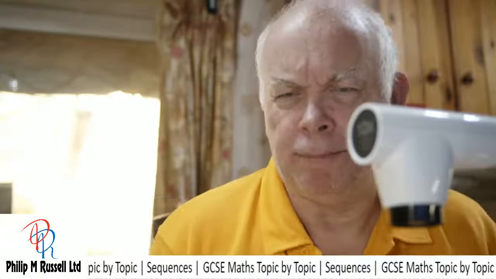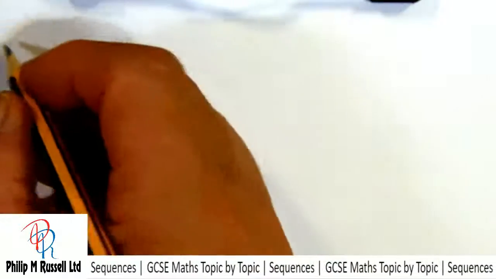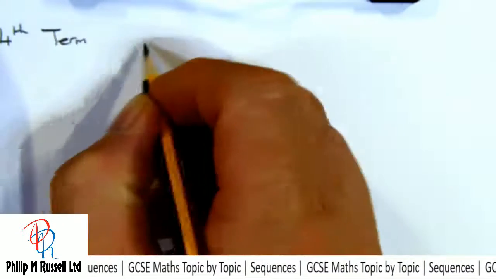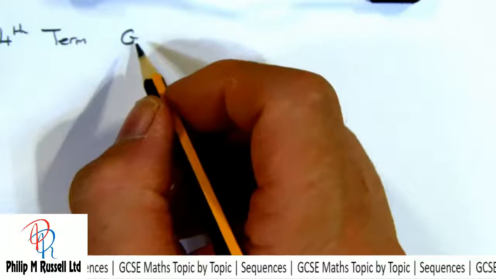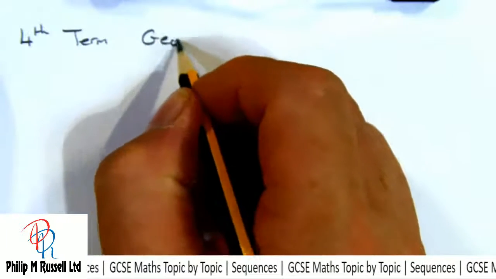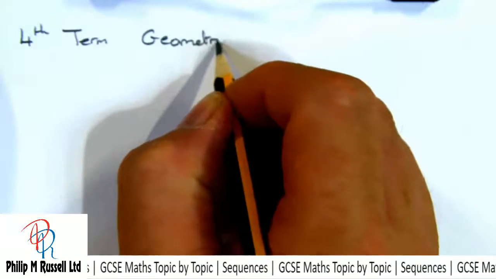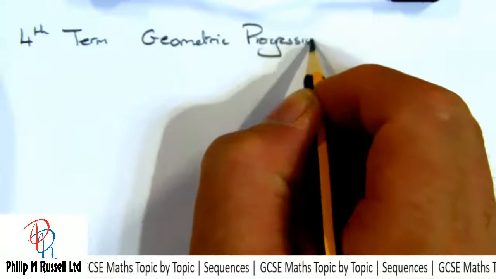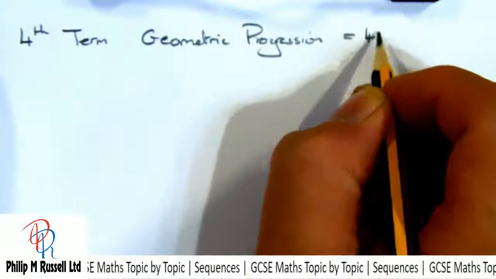Let's have a problem, and these problems always cause us a bit of grief. So let's try a little problem. And let me say that we might be told that my fourth term in a geometric progression equals 49.